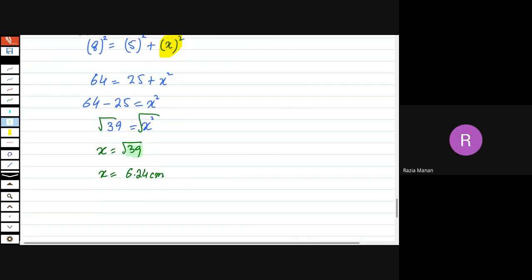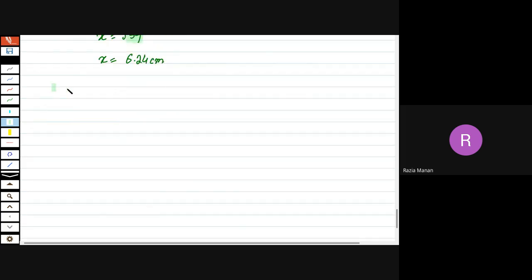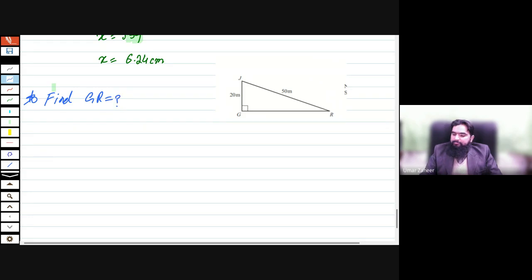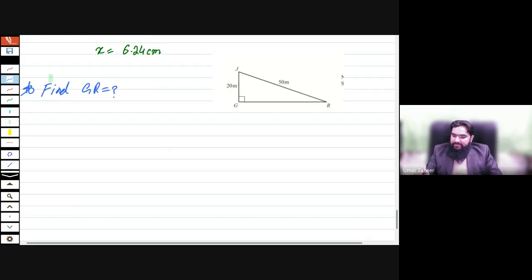All right, now we have one more triangle, and in this one we have to find GR.